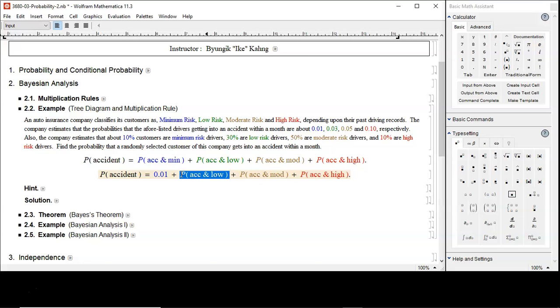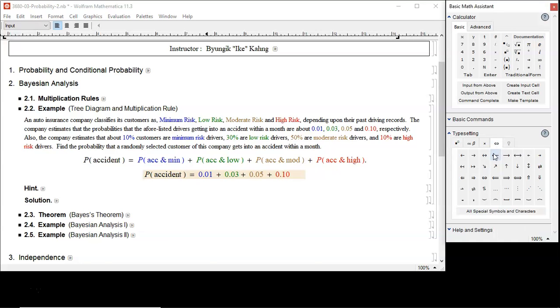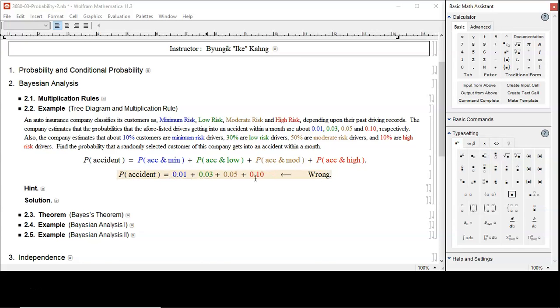This will be wrong. These are conditional probabilities: accident given minimum, accident given low risk, and so on and so forth. They are not accident and minimum. So this and that are different.